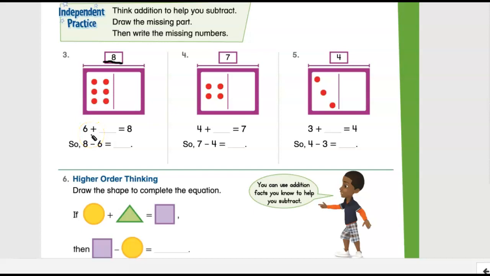So let's look at our addition problem. We have 6 plus a blank number equals 8. So let's think. If I have 6 counters and I need to get to 8, how many more do I need? 6 plus what number equals 8?